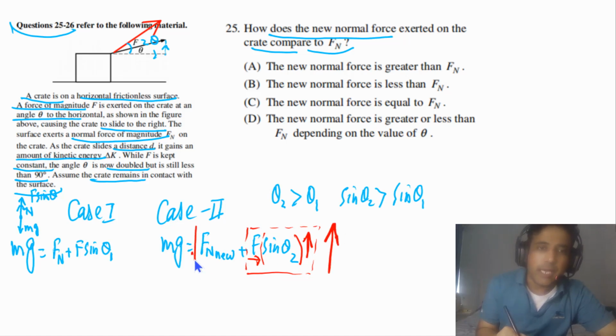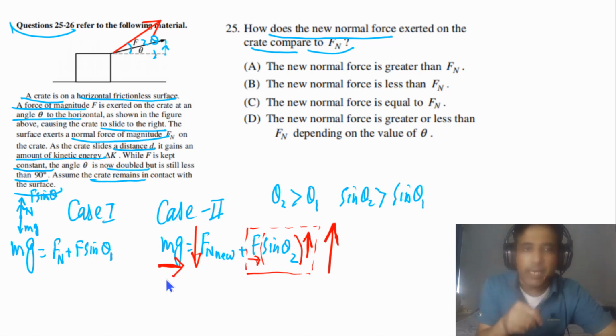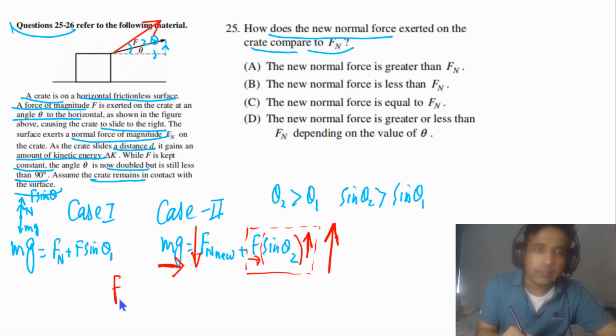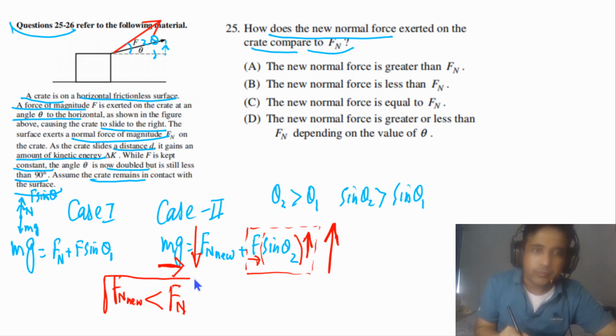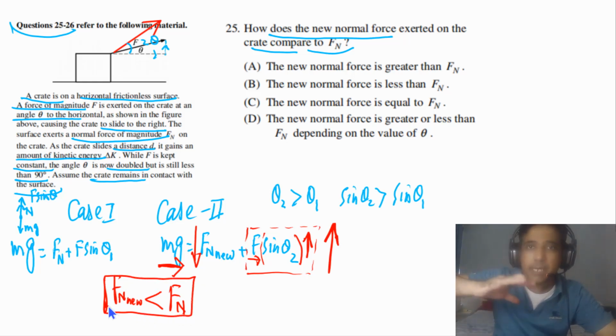So this one has to decrease because mg is the same. So Fn new has to be lower than Fn because there is more upward force on the crate. So the crate is not pushing as hard as before. So the answer for this question should be B.